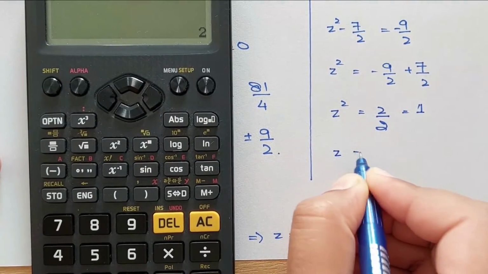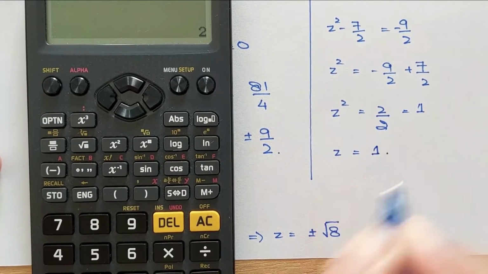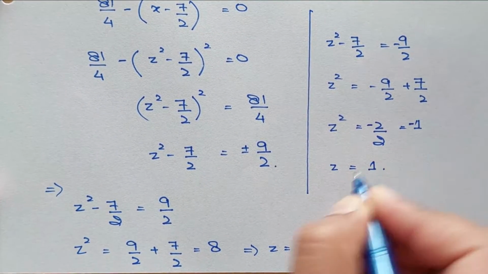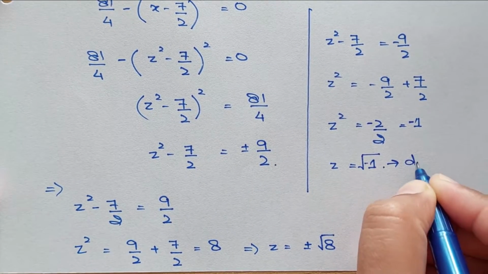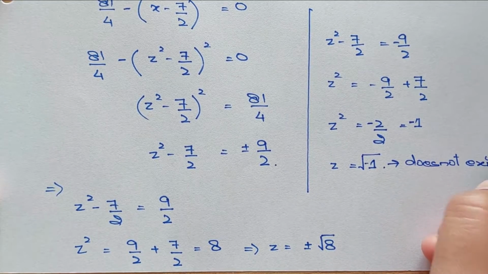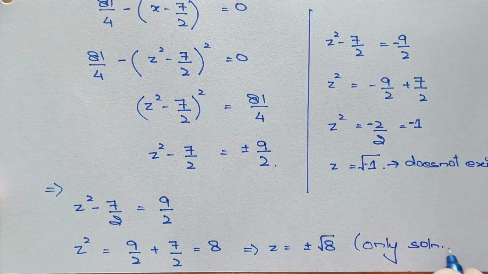So z equals plus minus square root of 1, or we can just say z equals 1. So this is negative 2 and negative 1, and the square root of minus 1 does not exist. So the only solution is plus minus square root of 8.